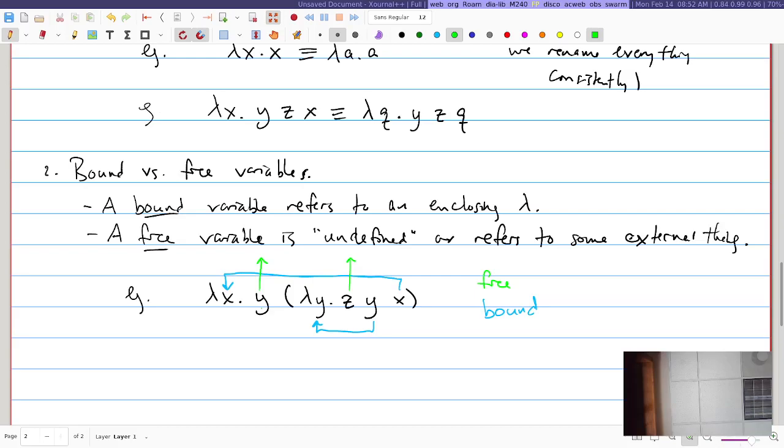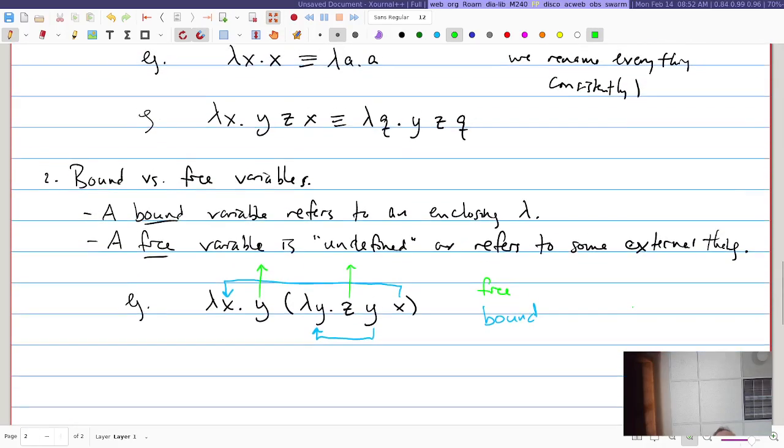Nope. I haven't talked about a y, so that's free. And then I go inside here, and I have a lambda y. Now I'm still inside this lambda x, and also inside this lambda y. So now I have two variables that are defined, x and y. And when I see this y and this x, I know that they're referring to those, but z I haven't seen, so that's free. You can recursively go through a term like that and figure out which things are free or bound. It just has to do with what lambdas they are inside.